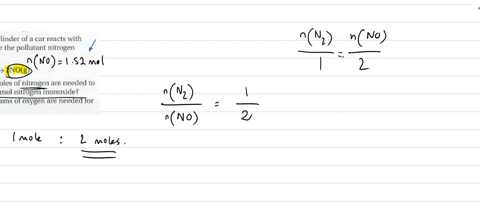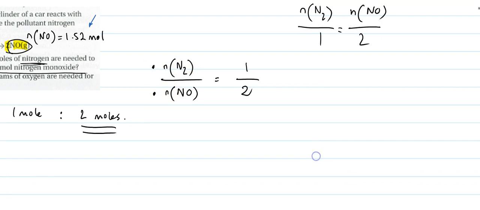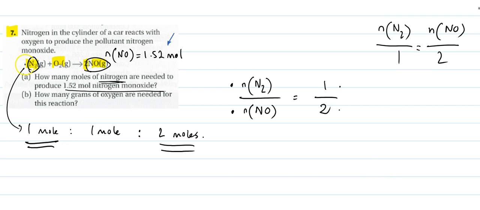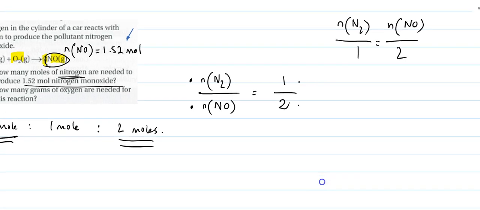And that's fine as well. But I like to just set it up so number of moles of what you want to find, in this case nitrogen, over number of moles of what you have, in this case nitrogen monoxide, is equivalent to 1 over 2, the coefficients here, 1 to 2, okay?